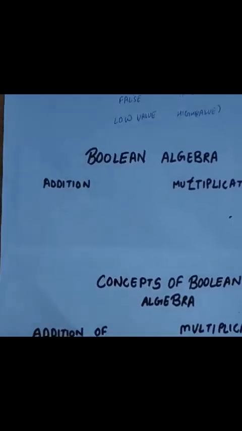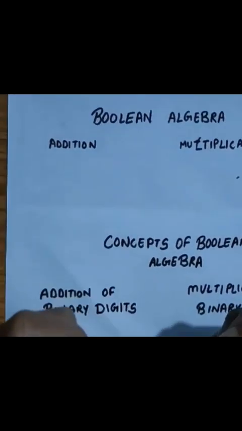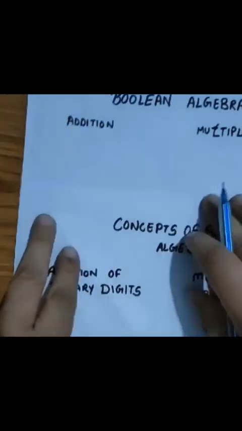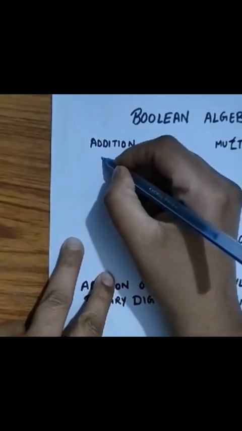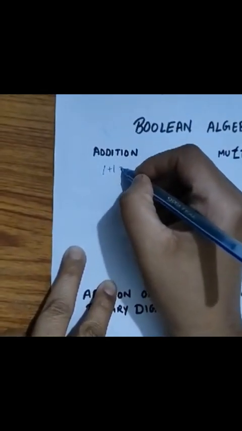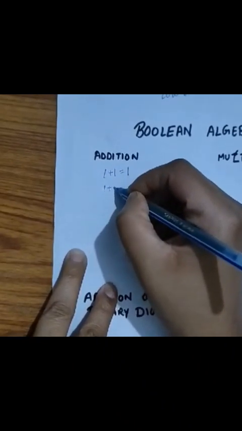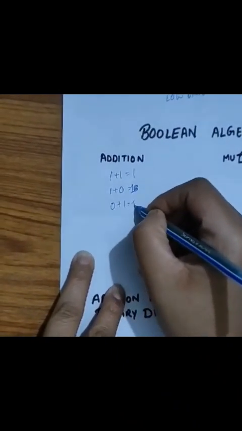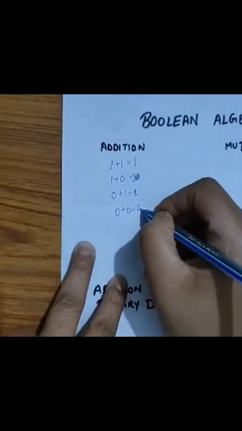So Boolean algebra. There are various operations in Boolean algebra like addition and multiplication. For addition, 1 plus 1 is 1, 1 plus 0 is 1, 0 plus 1 is 1 and 0 plus 0 is 0.